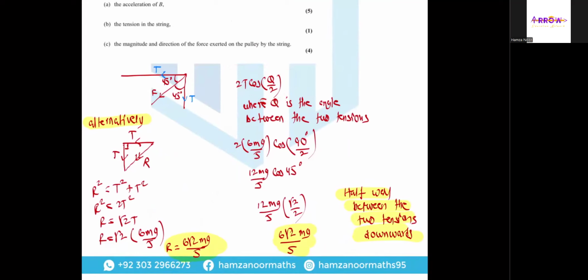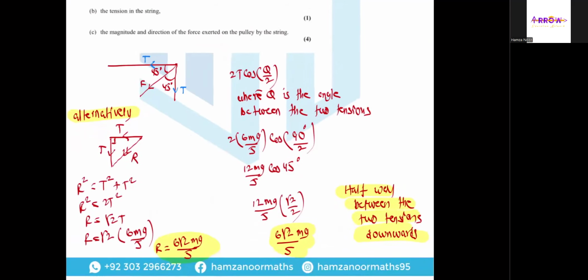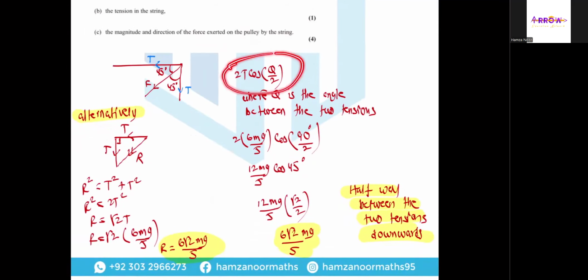We have a standardized formula in order to find the force exerted on the pulley by the string, or if it is asked, force exerted on the string by the pulley. In both cases, magnitude is found in the same way. So here is the standardized formula: 2 multiplied by T multiplied by cos theta over 2, where theta is the angle between the two tensions.